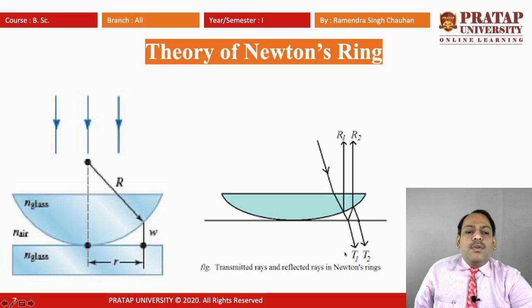So these T1 and T2 are transmitted rays, and if T1 and T2 are getting overlapped and a pattern is observed for T1 and T2, then this pattern will be called Newton's rings in transmitted light. So here we know from the theory of wedge shaped films, the path difference between the two rays R1 and R2 is 2d cos theta, where theta is the angle, and here we can see this angle will be theta, that is the angle of contact you can say.